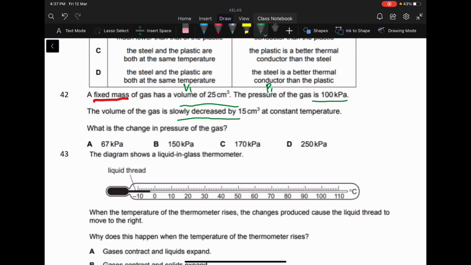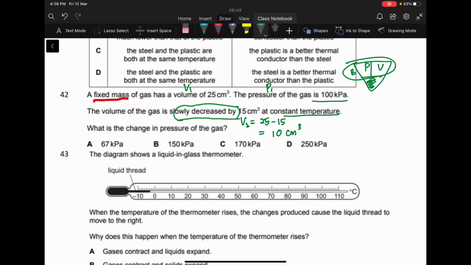Decreased by, this is not V2, but V2 equals 25 minus 15, which is 10 centimeter cubic, at constant temperature. So again I use this one. This is also Boyle's law.